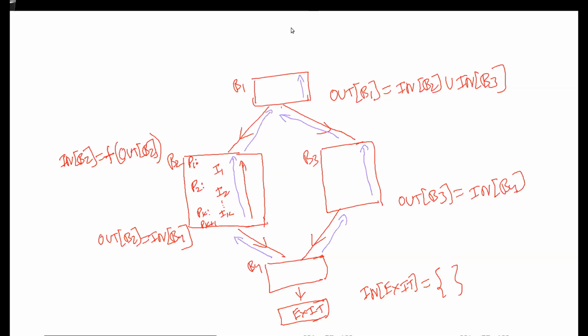So now that we know the variables that are live at the beginning of the exit basic block, we can use this to propagate, to compute the variables that are live at the end of the basic block B4. We can propagate it further, and then we can see how information flows backwards.